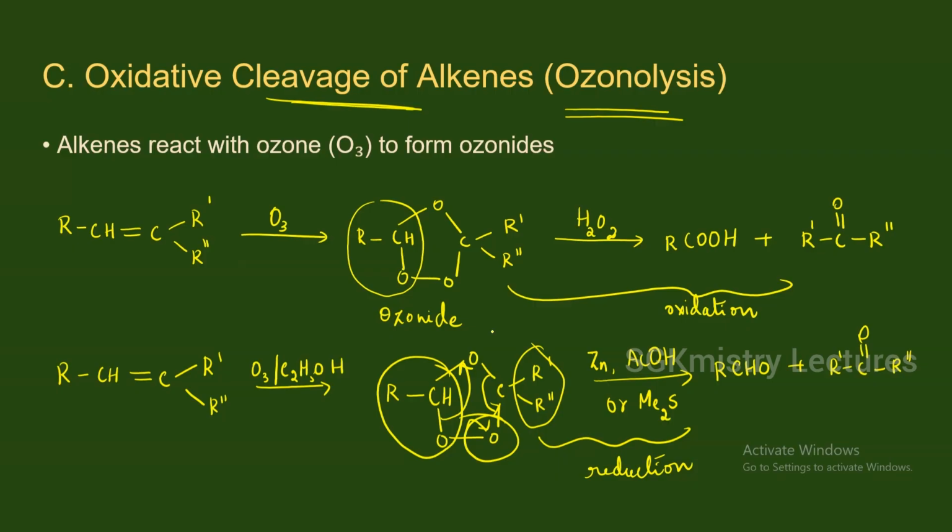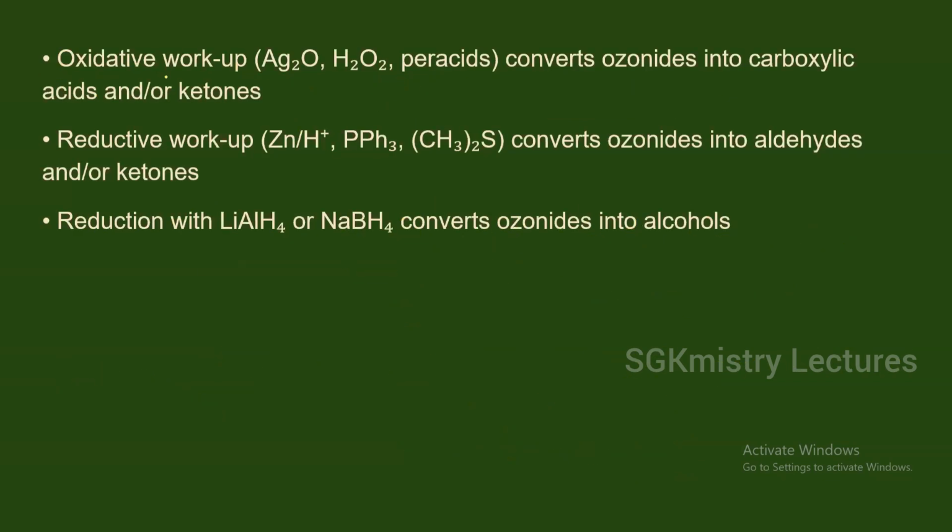Okay. So that is one thing you need to remember very clearly, because when we are talking about oxidation of the ozonide, you can see here, on oxidation, the ozonides will be converted into carboxylic acids or the ketones. Reductive workup, that is, if you are subjecting the ozonides to reduction, you can use these reagents as I've already told. In the previous example, I've shown how zinc and acetic acid is used.